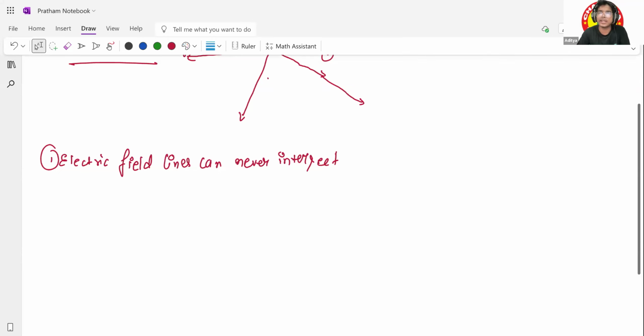So basically, what is the electric field? Electric field is nothing but the region around a charge where it can experience some kind of force. In other words, it is the space around a charge in which its influence can be felt by any other charged particle.